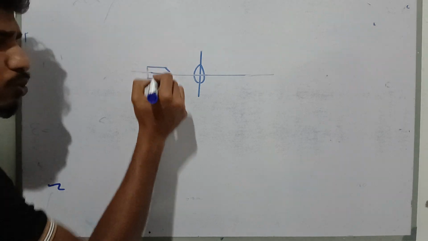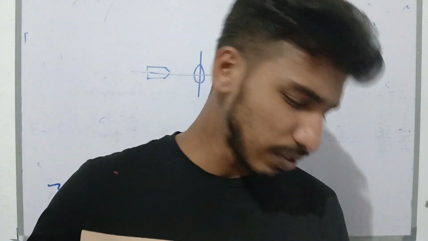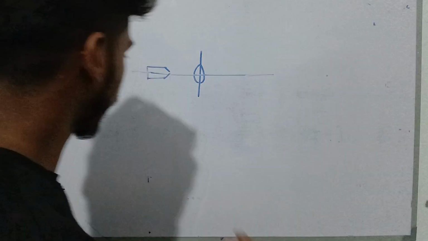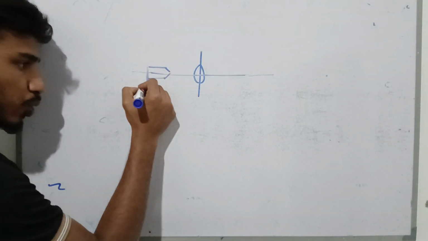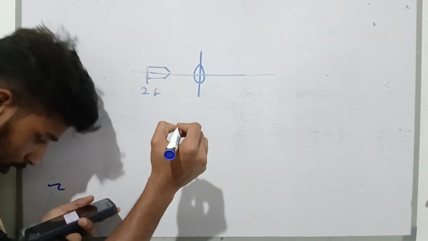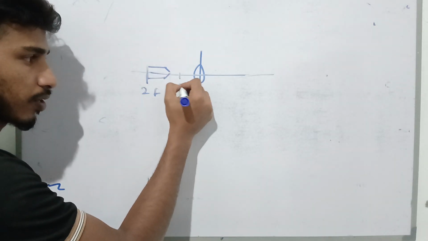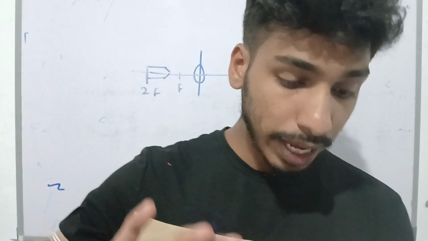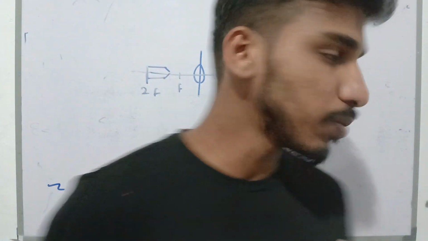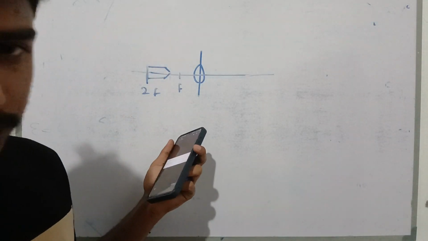So you can see that in the 2012 paper, I think the focal lengths were not marked. Okay, but luckily you can see here this part is at 2f and this part is f. So you should understand that you will be having a real image, not a virtual image, because it's away from the focal length.